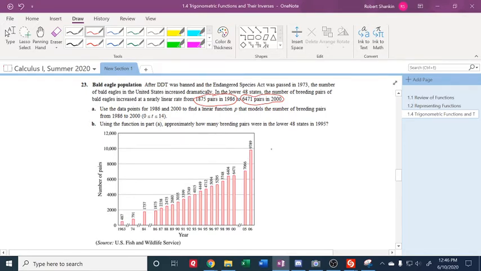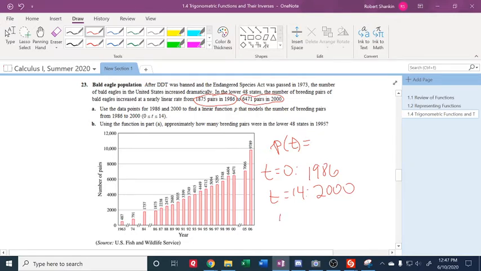So what it wants is to find a function p of t so that when t equals 0, that's 1986, and t equals 14 will be 2000. In 1986, which is t equals 0, we get 1,875, and when t equals 14, you get 6,471.